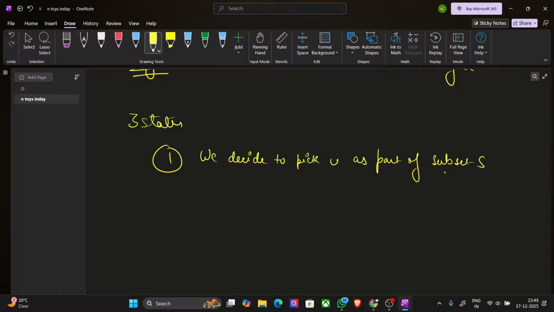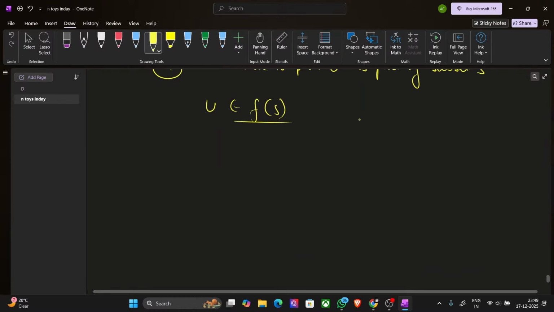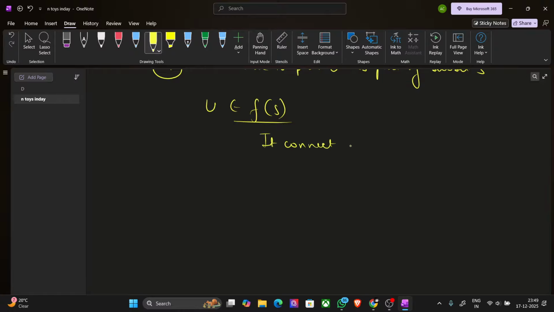So if U is part of the subset S, then we can also conclude that U is part of the final subset Fs. Correct. And it connects everything below it.